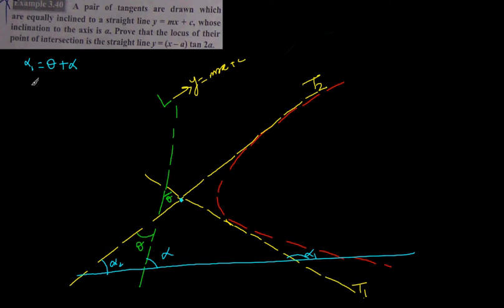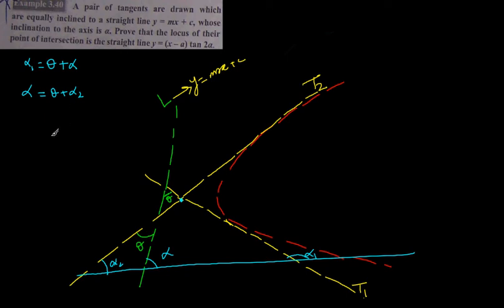Now you subtract these two. Alpha 1 minus alpha, theta will get cancelled, alpha minus alpha 2.